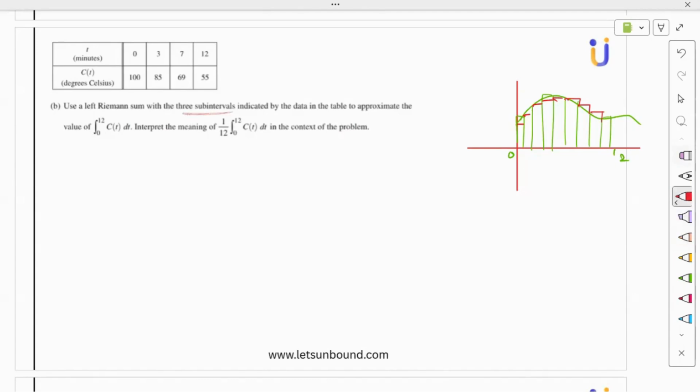So 0 to 12 means 0 to 3, then 3 to 7, then 7 to 12. They are not uniform, but this is how we're going to do it. For 0 to 3 we make one rectangle, then 3 to 7 another rectangle, and 7 to 12 another rectangle.